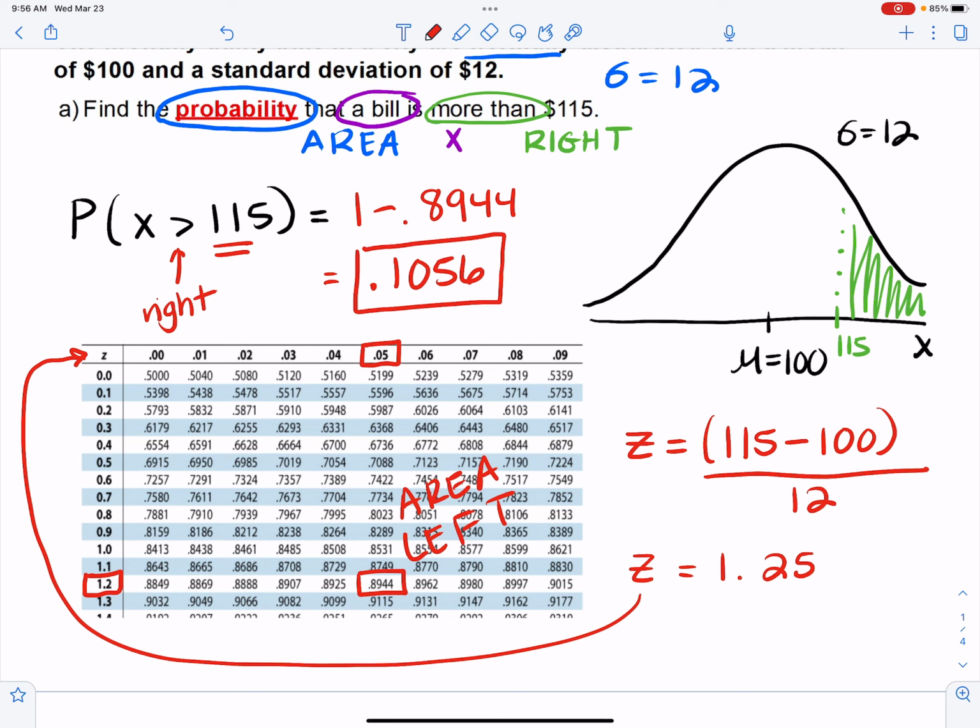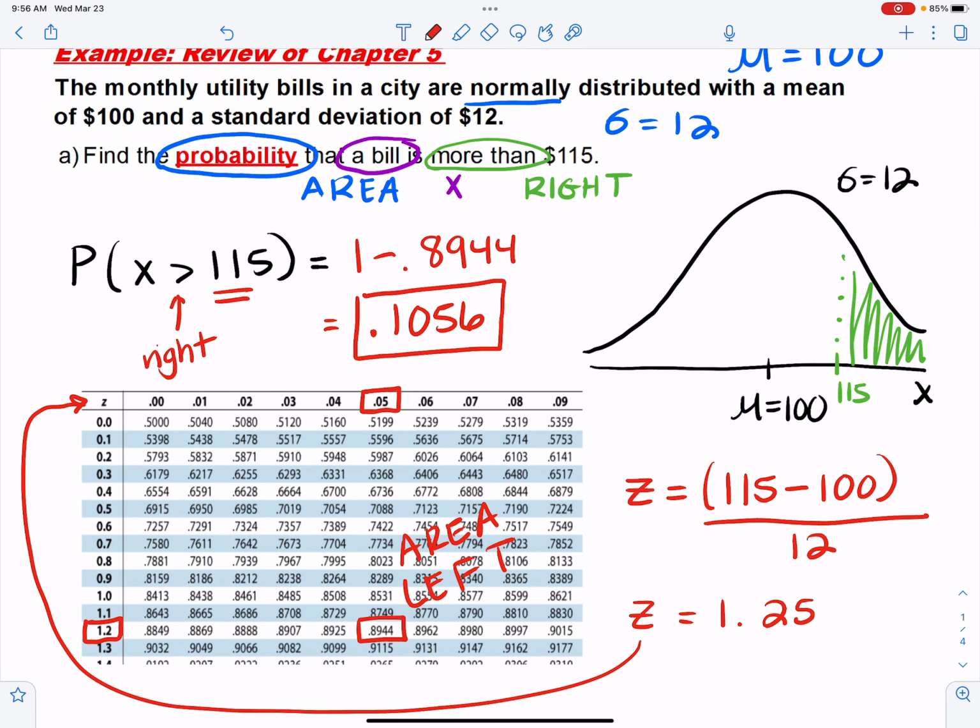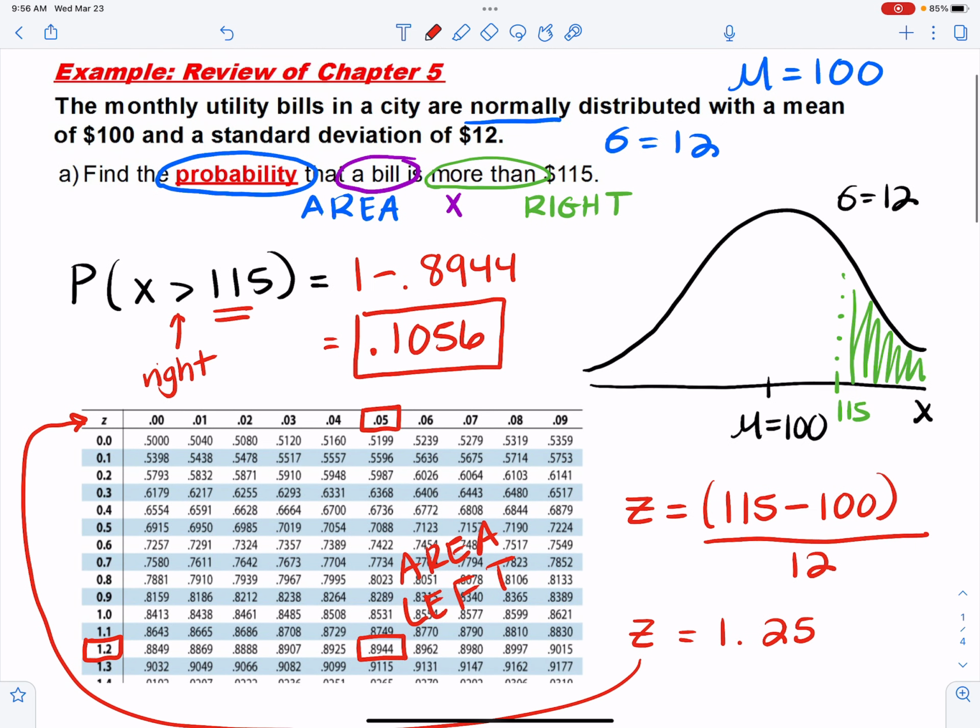Or there's about a 10.56% chance that a bill is more than $115. If you need to review this particular method, this is what we did in 5.2, finding probabilities for individual data values.